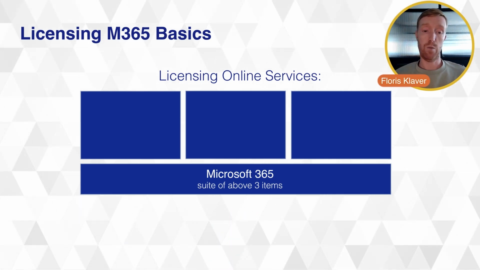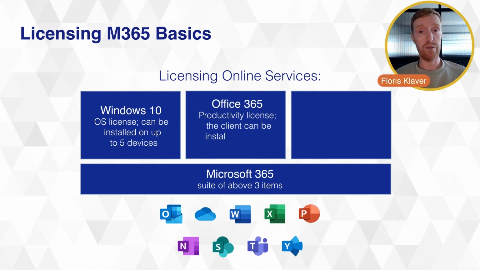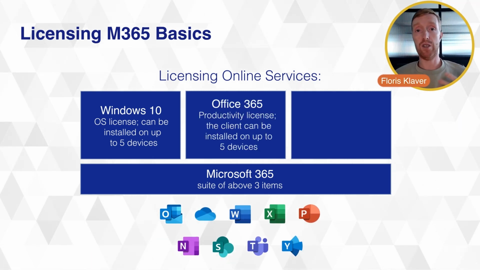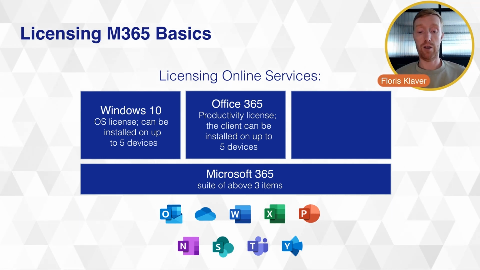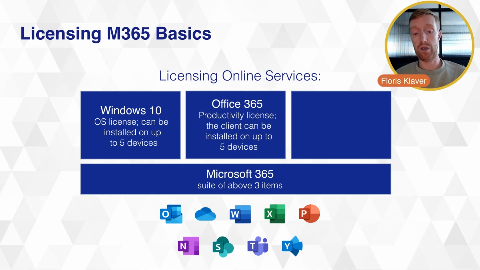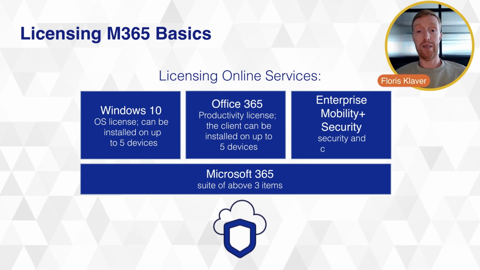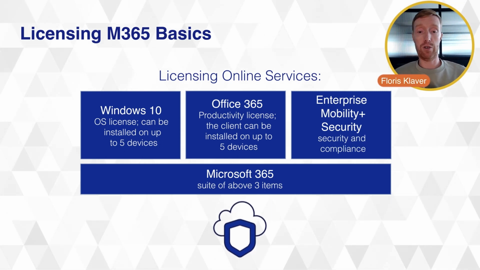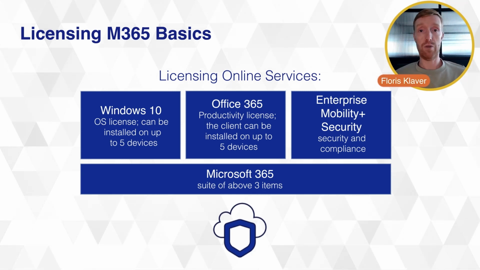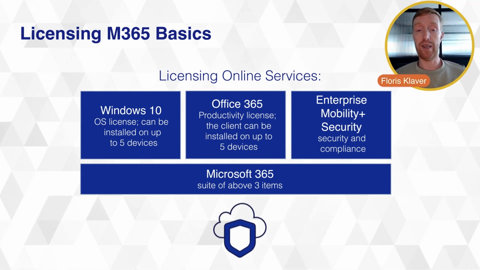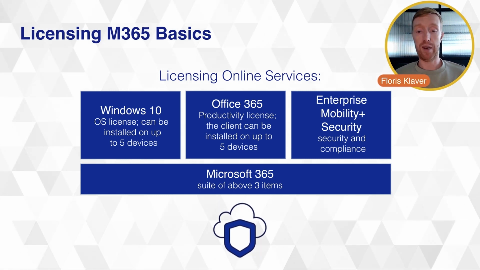So anything from Windows 10 or the Windows 11 OS, Office 365 and all its productivity services like Exchange Online, SharePoint Online, all the Office apps that you are used to and that you know, like Excel and Teams and Outlook and Word, etc. And finally, the Enterprise Mobility and Security suite of products that focus around security, so management of devices through Intune or setting multi-factor authentication for secure logins. That's all covered in the Enterprise Mobility and Security suite.